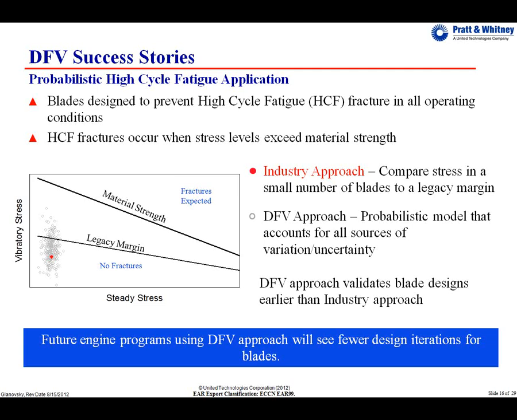A whole lot more money and a whole lot more effort are spent testing it in the next round. And it has happened before that a blade design has looked good. It's come up just like that red point, well below the legacy margin. But then when we spend another few $1 million in another year or so and get back another round of blades, all of a sudden 20, 30, 40% of those blades fractured with HCF fractures.